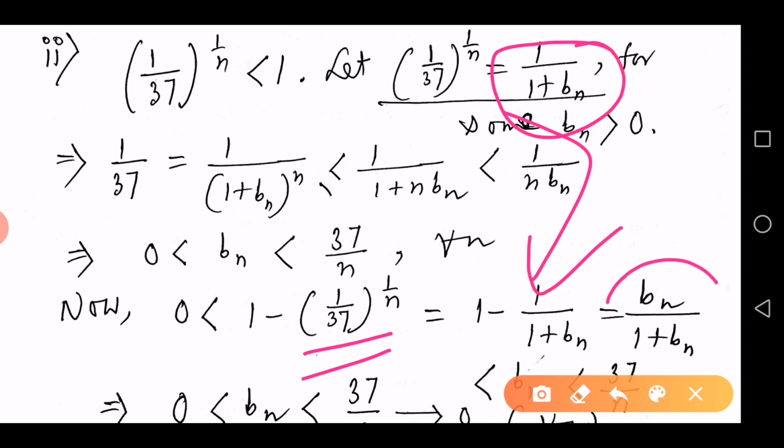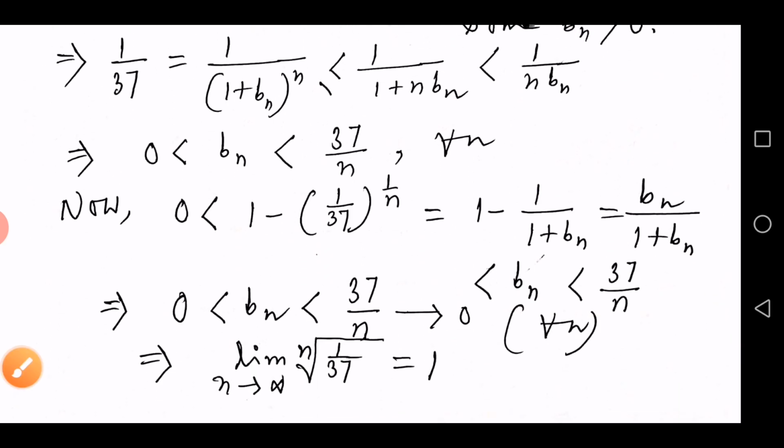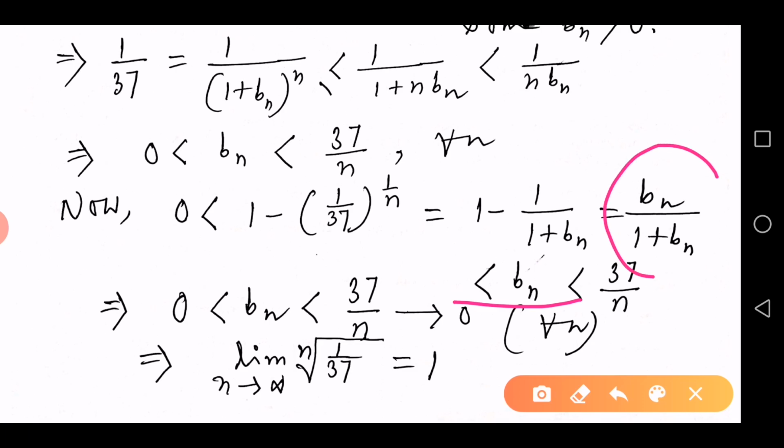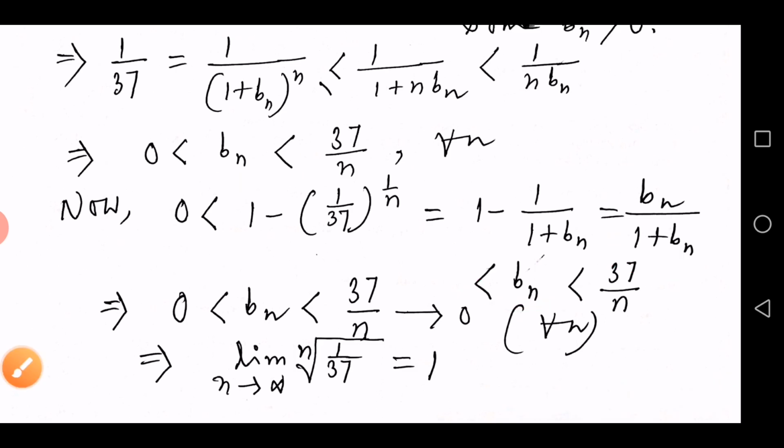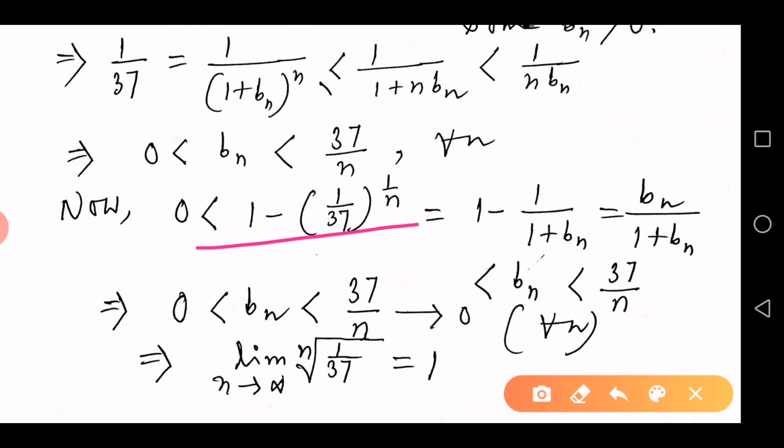After simplification, we get bn/(1 + bn), which is less than bn, which is less than 37/n. bn/(1 + bn) is less than bn because 1 + bn is greater than 1. We are neglecting that, so we get less than bn, and bn is already less than 37/n. So our obtained result is this.